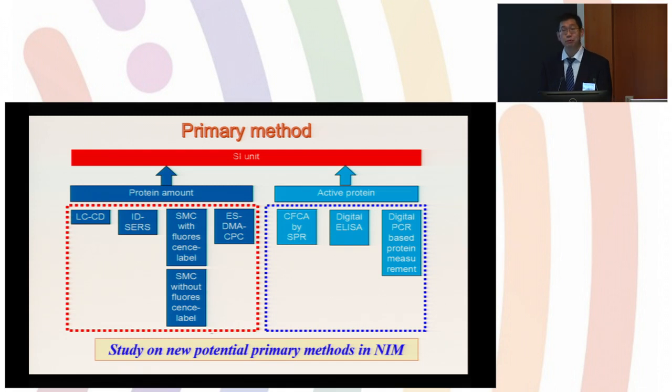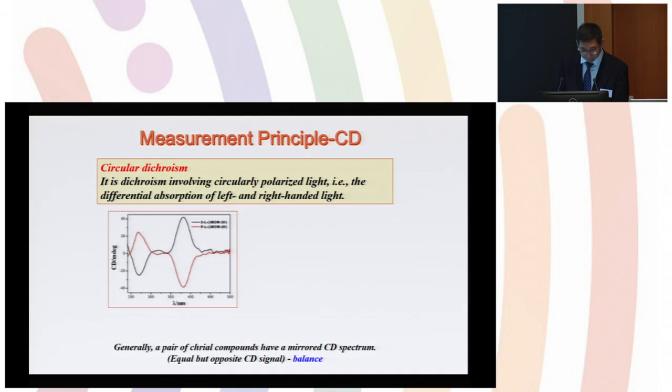And for active protein concentration, we plan to develop the SPR method, digital ELISA method, and digital PCR-based protein concentration methods. Now we have made some progress on the LC-CD method and SPR method. So in this presentation, I will talk about these two methods.